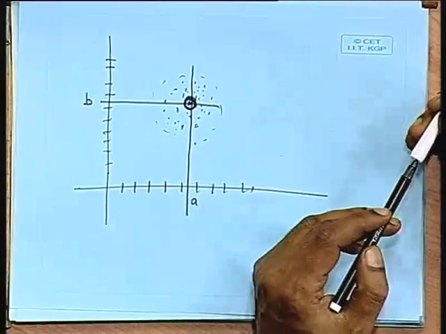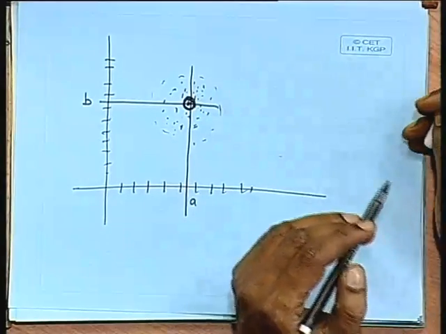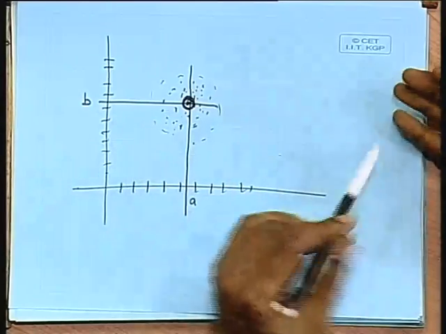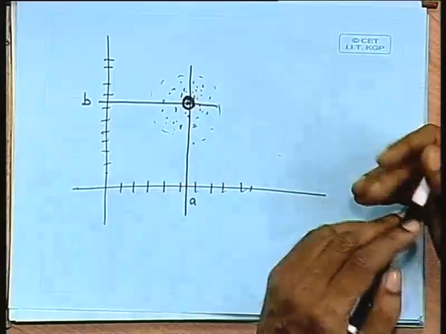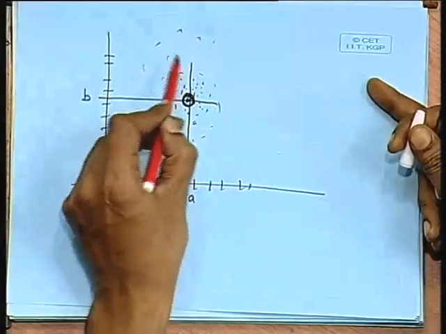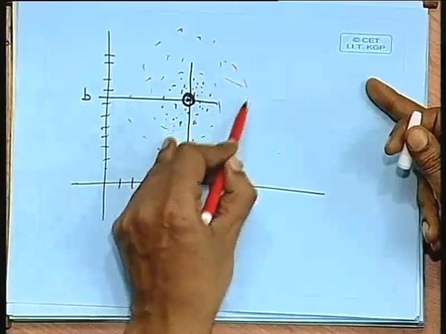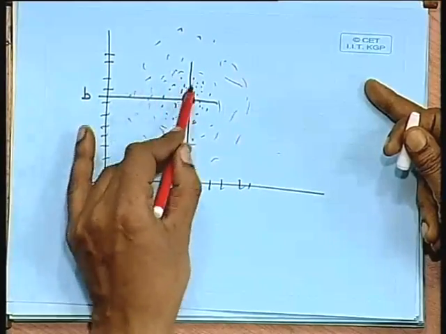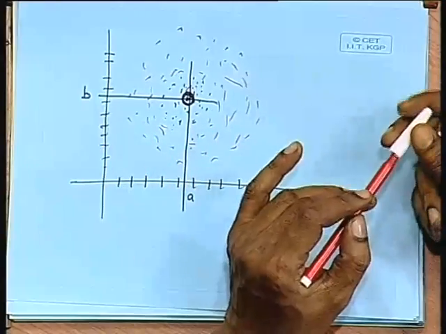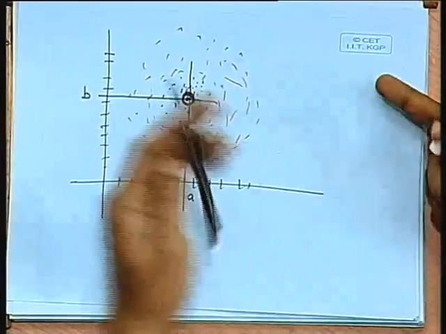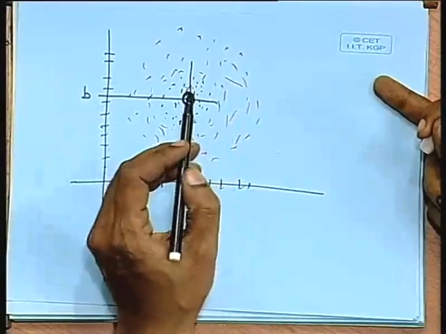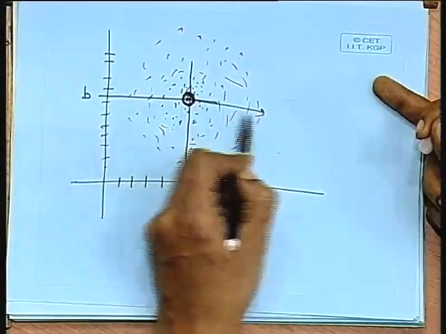Secondly, it is also useful to know that suppose you have these black dots which are spread out around the point AB, and you also have these red dots which are spread out still around A and B, but much more widespread. So it's not just enough to know that they are spread out around the point A and B, it is also important to know how much they are spread out.